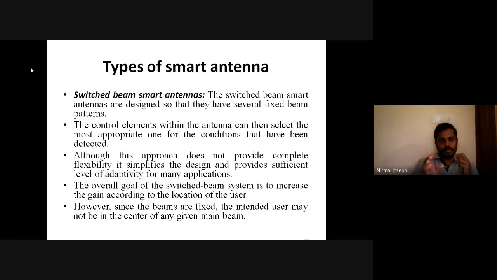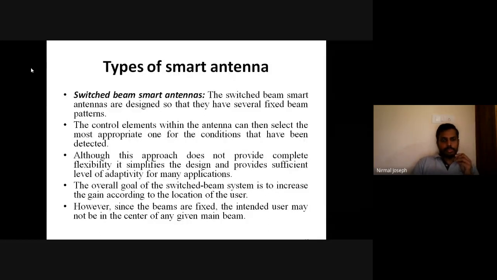But in switched beam smart antennas, there will be some fixed positions. Suppose this is 0 degree, the next switch will be for 15 degree, next for 30 degree. Like that, in 15 degree intervals, it can complete the total 360 degree rotation. It will not be a smooth switch from one position to another position.